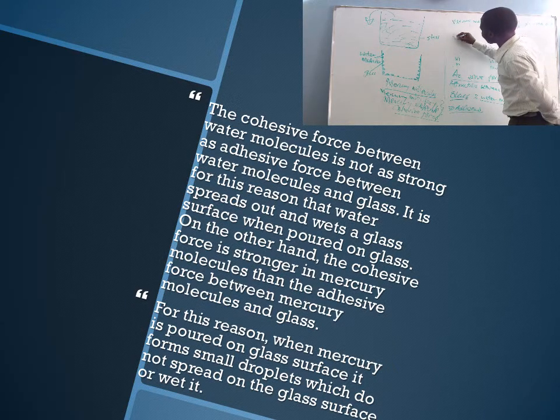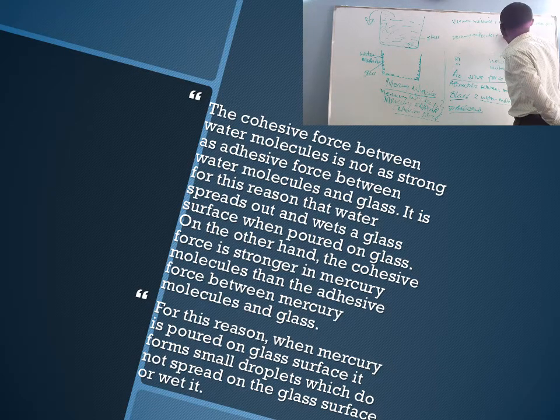But if we have a mercury molecule attracted to a glass surface, then here there is adhesive force.